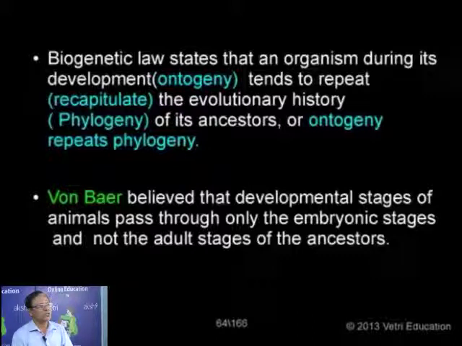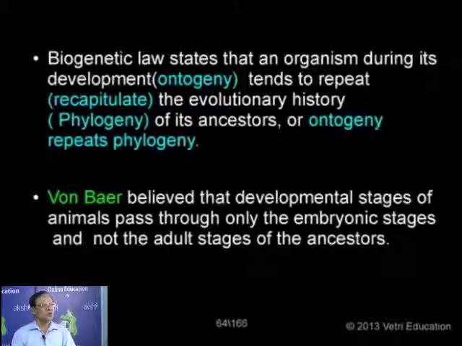So one of the stages during the development of an organism more or less resembles its ancestor. So the ancestral character has been repeated, reappeared, and that is called ontogeny repeats or recapitulates phylogeny. But later it has been replaced by another concept.